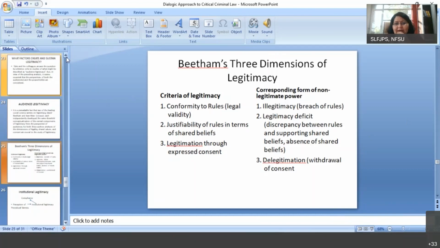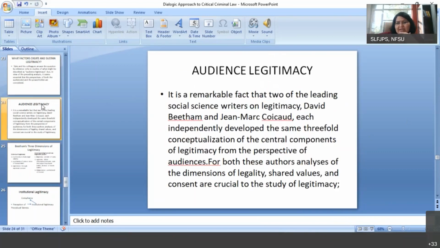Now, as I said earlier, when we talk about the legitimacy unit and the dialogical approach, if you are establishing legitimacy through the dialogical process, at that point you need audience legitimacy. That is the subject matter, the people for whom you are making a law.